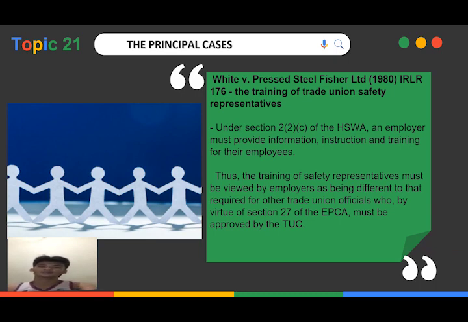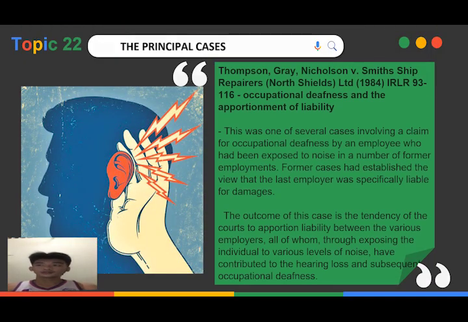So next case is Thompson, Gray, Nicholson v. Smith, Ship Repairers, North Shields, Ltd. 1994, IRLR 932116, Occupational Deafness and the apportionment of liability. This is one of several cases involving a claim for occupational deafness by an employee who had been exposed to noise in a number of former employments.